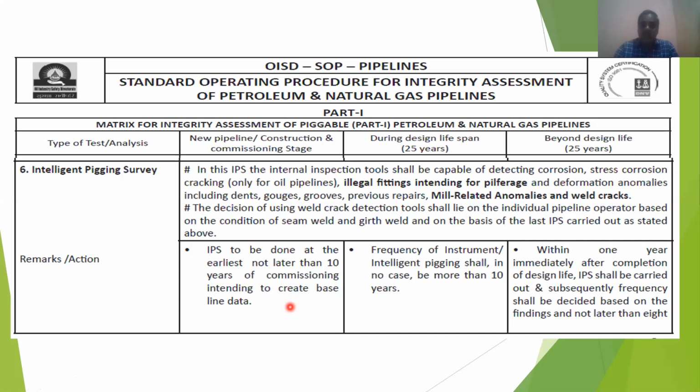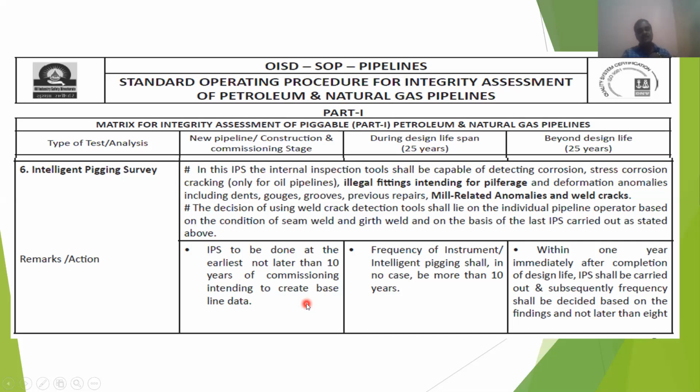Then you started commissioning, and once commissioned it comes into normal operations. After normal operations, before 10 years, you should do this intelligent pigging survey for the baseline data.